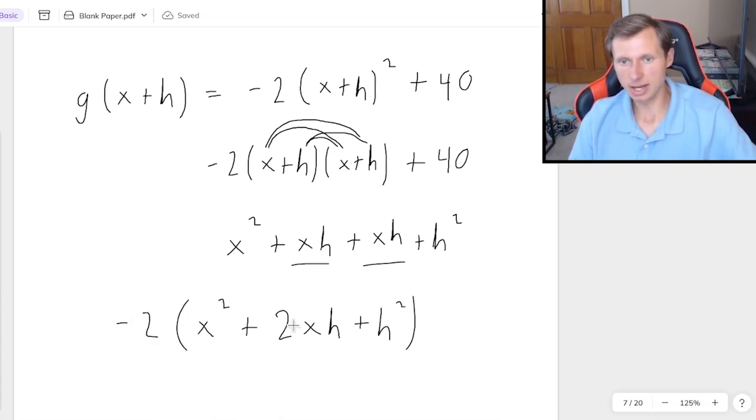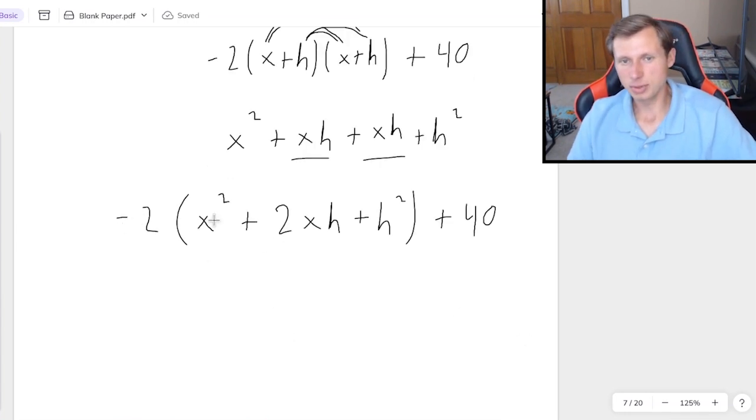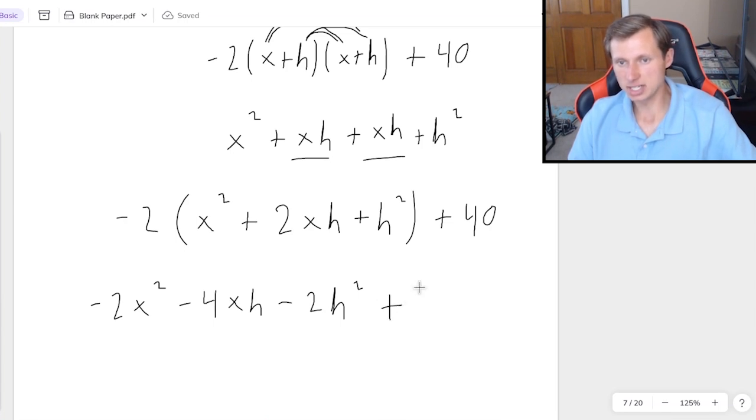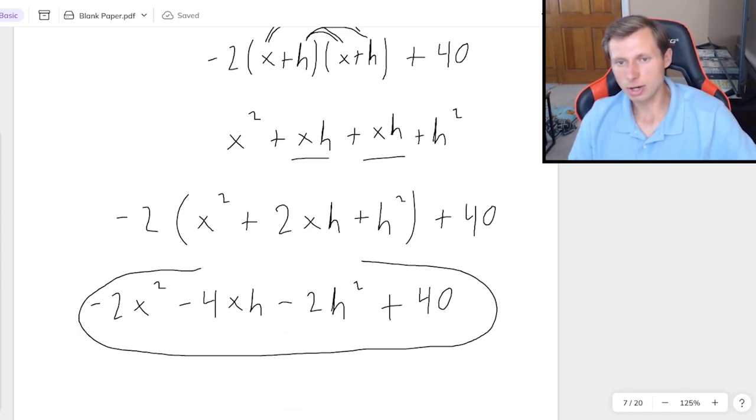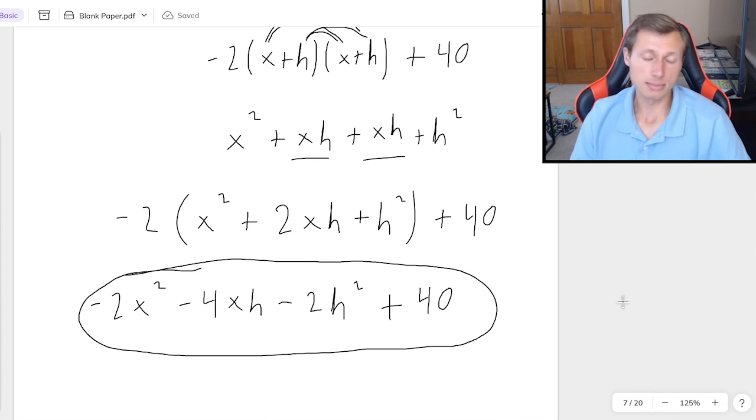And then I just put everything else there in the problem. Now I distribute negative 2 to all these terms, giving me negative 2x squared minus 4xh minus 2h squared, and then the plus 40 is not getting distributed there, so it just stays along for the ride, unchanged. And I look at this, none of this can be combined, and so therefore this is going to be my final answer. So that's all the questions I have to look at today.